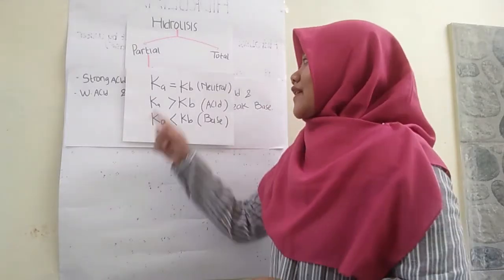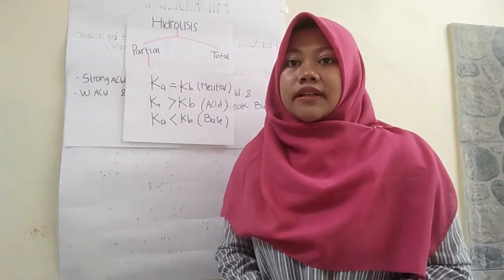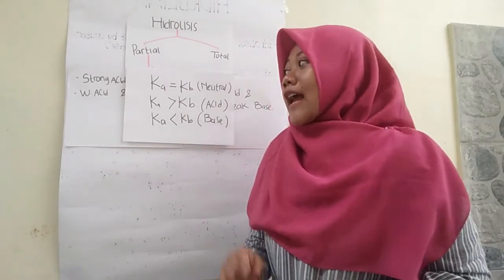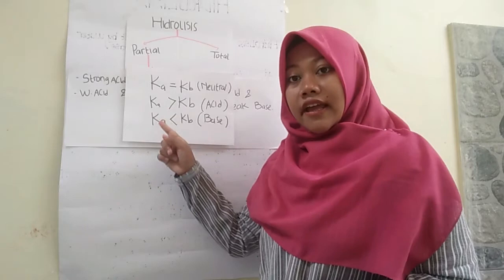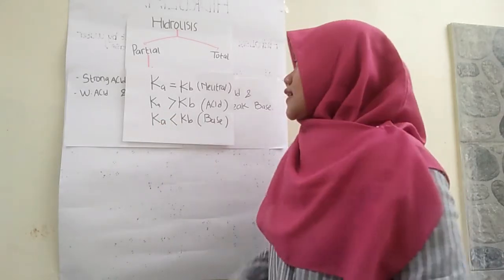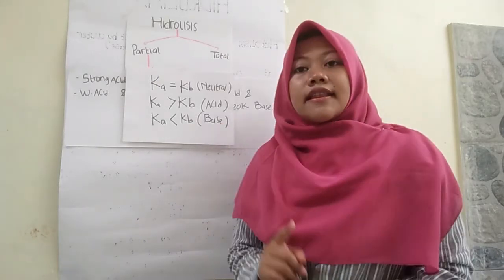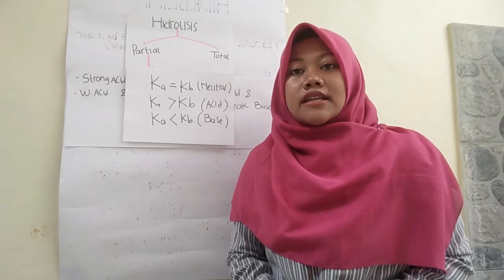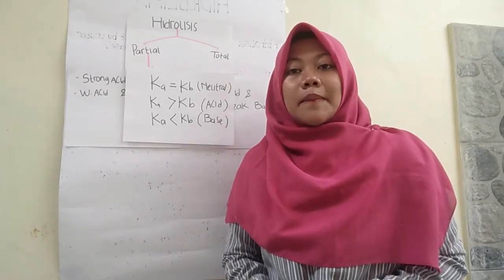So if Ka equals Kb, the salt is neutral, if Ka is greater than Kb, the salt is acid, and if Ka is less than Kb, the salt is base.